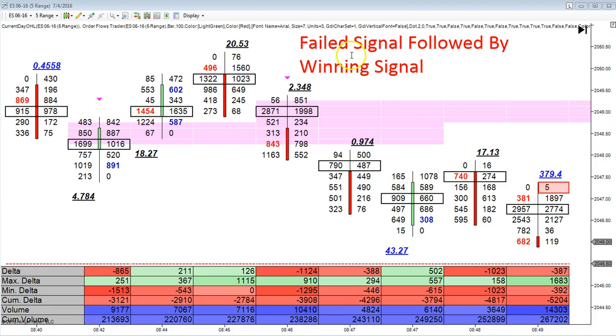So again, failed signal followed by a winning signal. Here it's telling you to get short. Okay, didn't work out. Buying came back in this next bar, went a little bit higher. Then you get another signal here. It's right around that same area. So maybe there's an order being executed. Some strong selling. It stopped for whatever reason. Maybe the first tranche got done. Now you're seeing the second tranche come in.